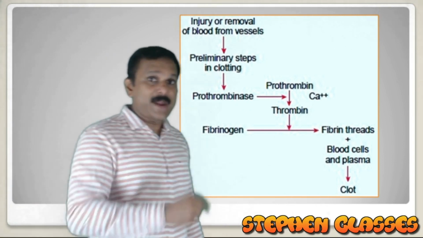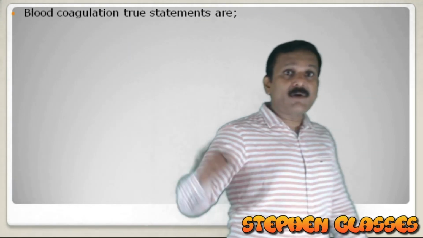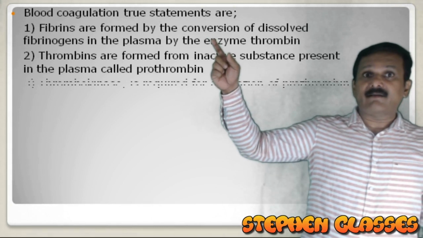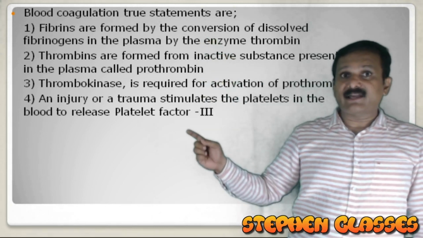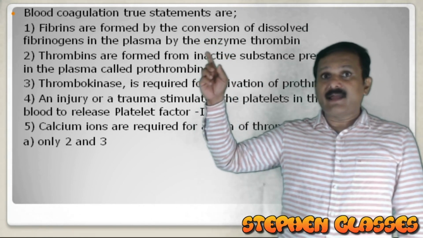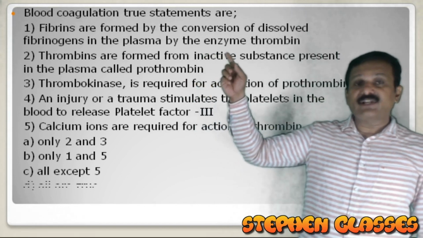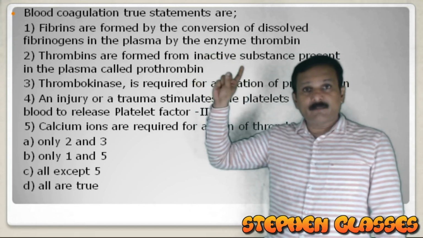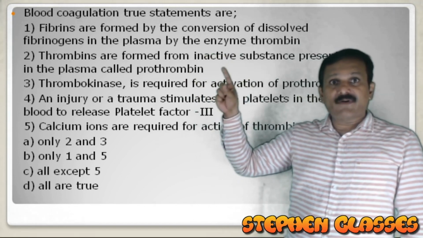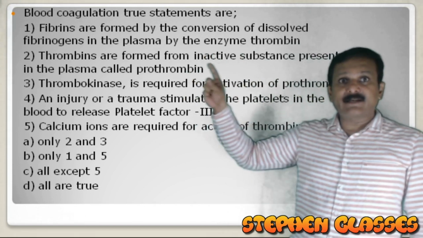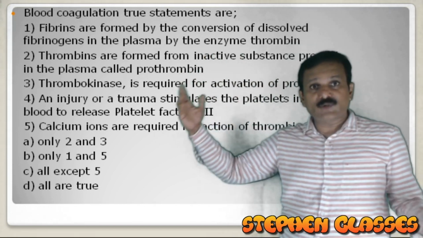So we have the question right now. Blood coagulation, the true statements are. A lot of statements are given. Fibrin is formed by conversion of the dissolved fibrinogen in plasma by the enzyme thrombin. That is correct. Thrombin is formed from an inactive substance present in the plasma called prothrombin. That is also true.